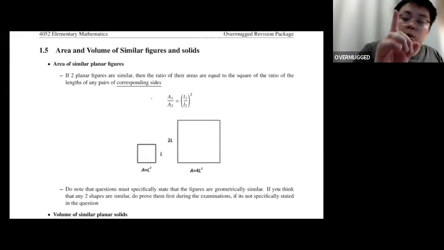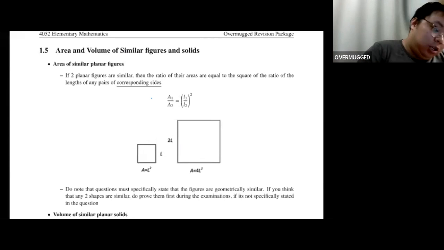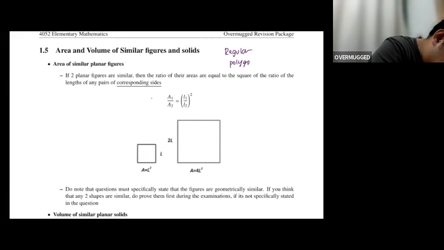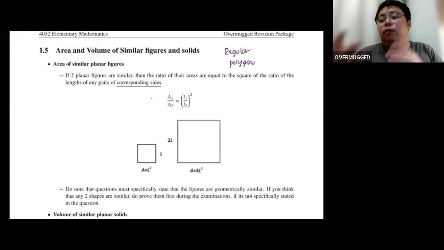There is one concept out there. If you didn't know, I'm going to share with you a little secret. There is one type of shape that they will never say is geometrically similar, but it is, which is regular polygons. Obviously, when I say regular polygons, I mean an octagon with an octagon.